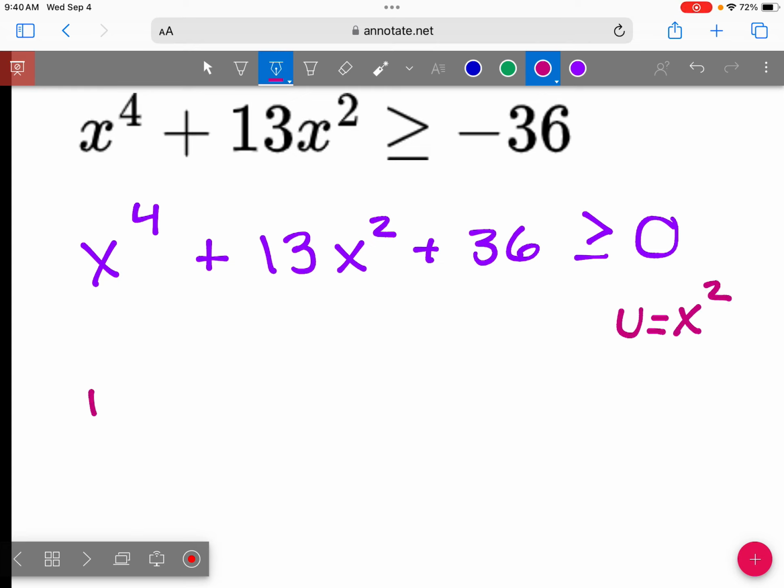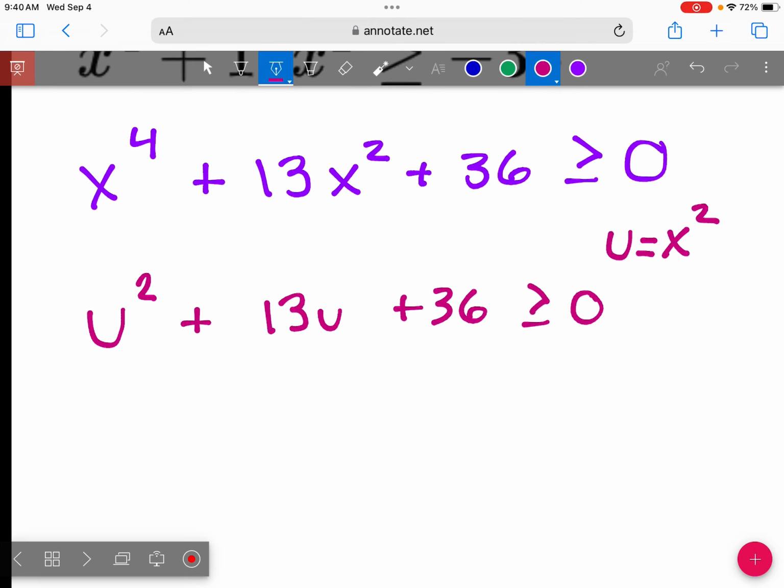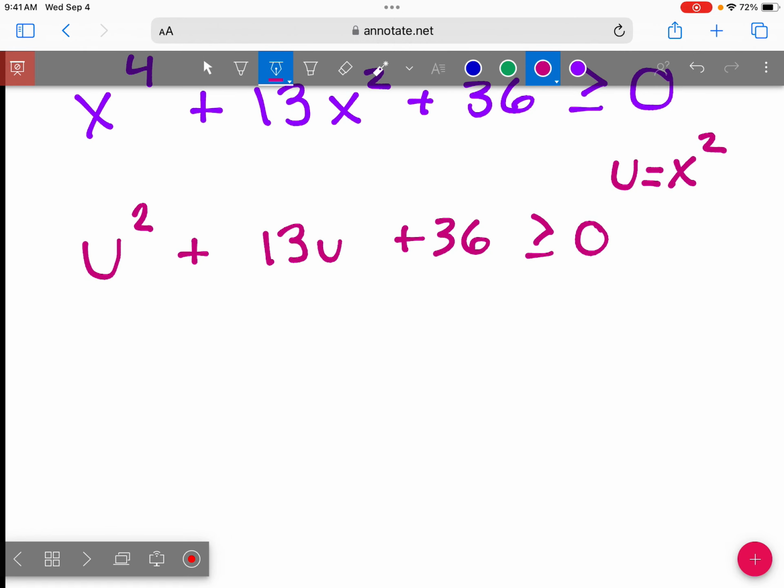So this would give me u squared plus 13u plus 36. What is this going to be in factored form? It's going to be 9 and 4, right? u plus 9 and u plus 4.